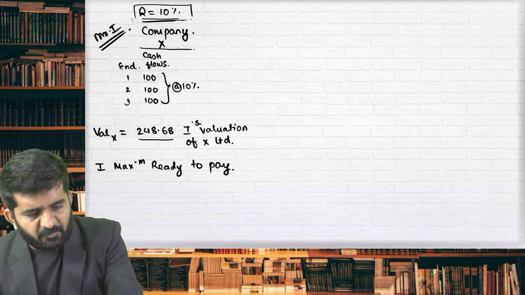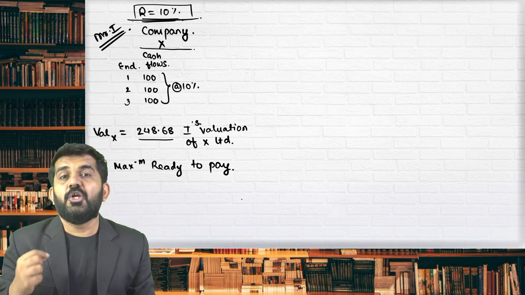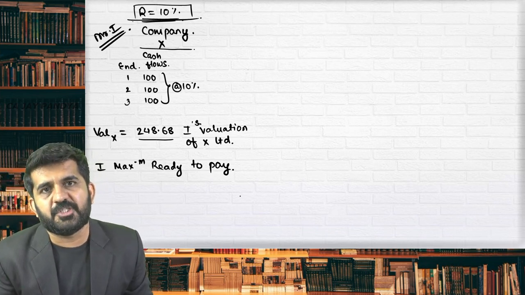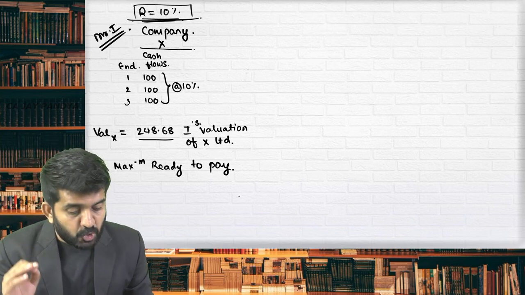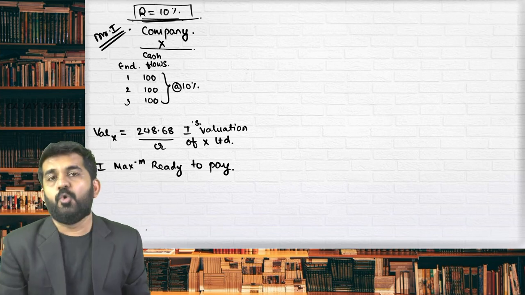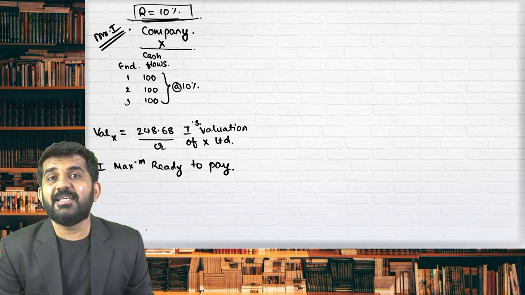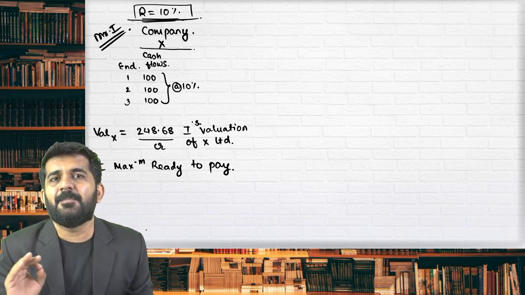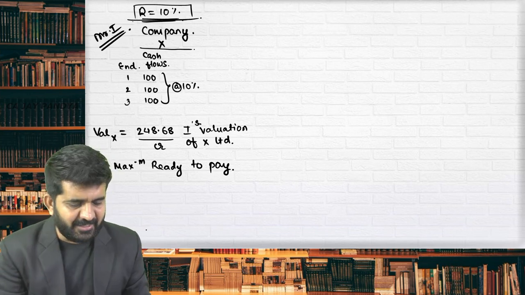How much minimum does he want? 10%. He will not be earning 10% from his investment. So he is ready to pay a maximum of 248.68 crore rupees. This is the maximum price Mr. I is ready to pay.